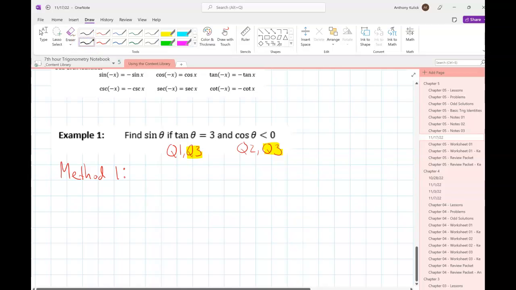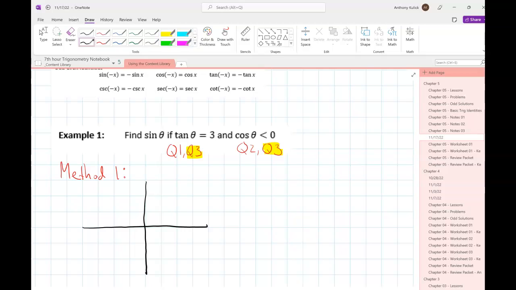So we'll draw ourselves a picture. So there's my theta. Now I remember that tangent is y over x. And I know in this case tangent is equal to 3, which I can think of as just 3 over 1.